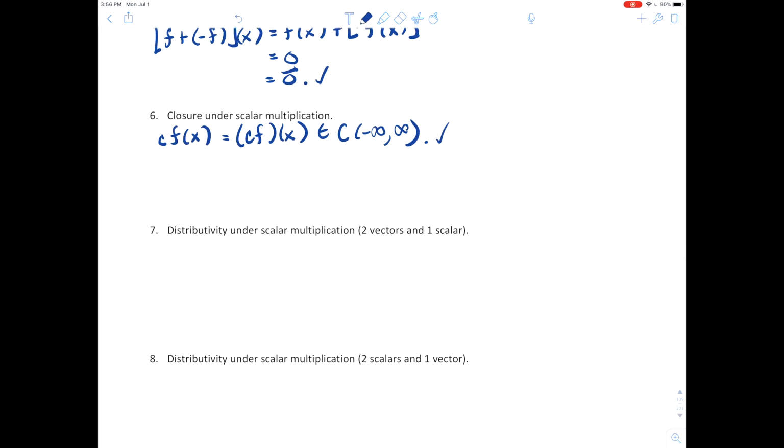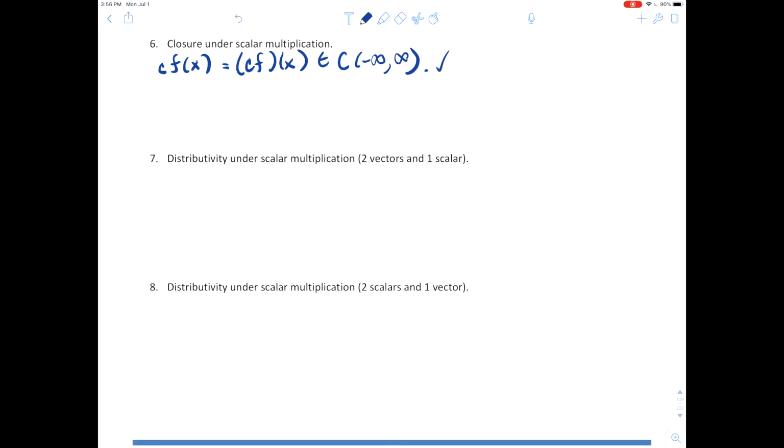All right, distributivity under scalar multiplication. So for this one, we'll start with having the one scalar and two vectors. So what would we start with? We'd start with c times f plus g, all of that at x. That's going to equal to what? Beautiful.